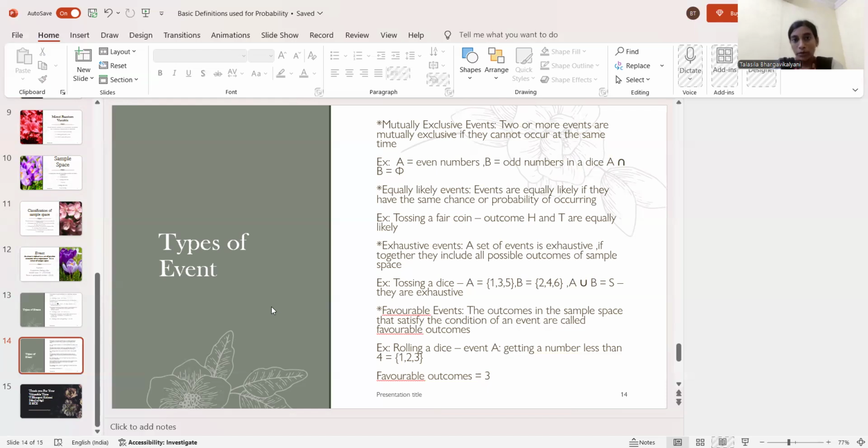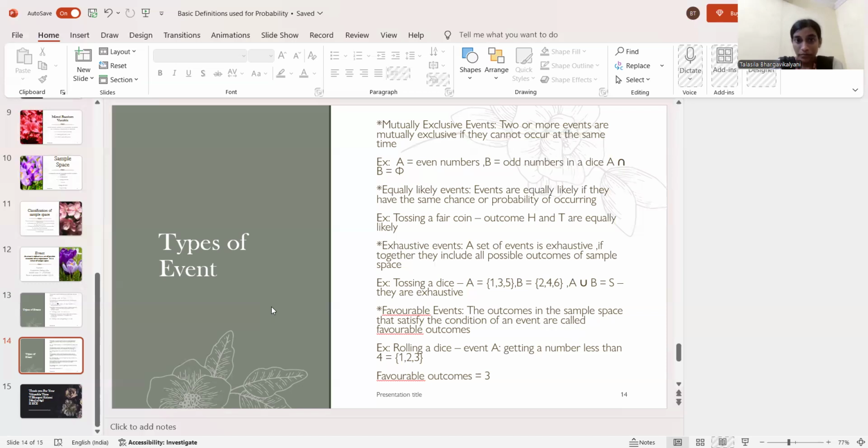There is no common number between A and B. A intersection B represents the common elements between event A and event B. Here, A is even numbers 2, 4, 6, whereas B is odd numbers 1, 3, 5. There are no common events between A and B.